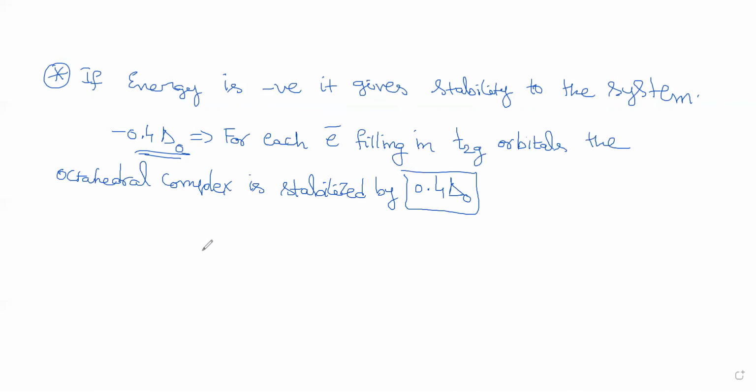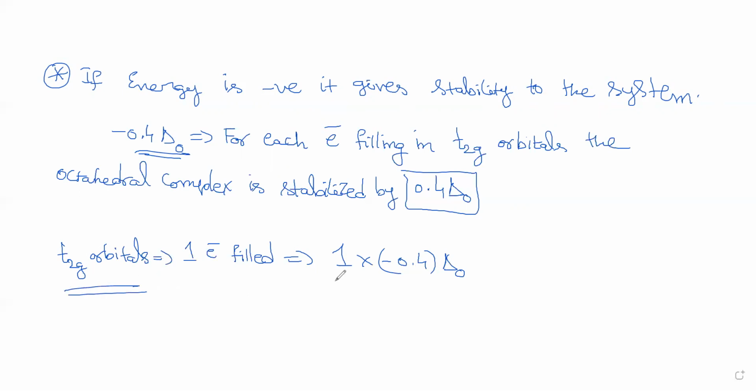Are you getting the funda? Suppose 1 electron is filled, that means 1 into minus 0.4 delta naught. We'll write this. That is in the T2G orbitals. When you see negative energy, it means more stability.